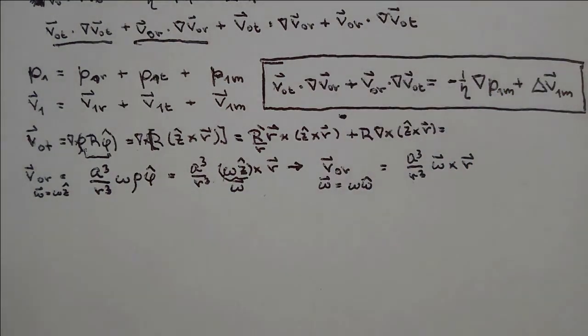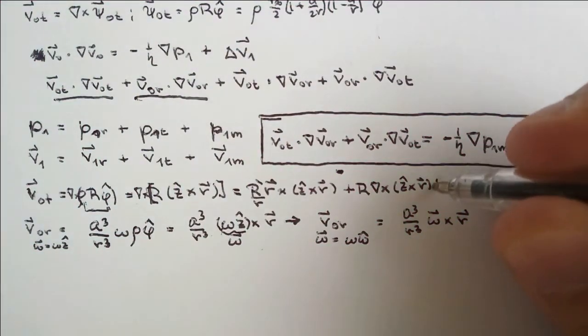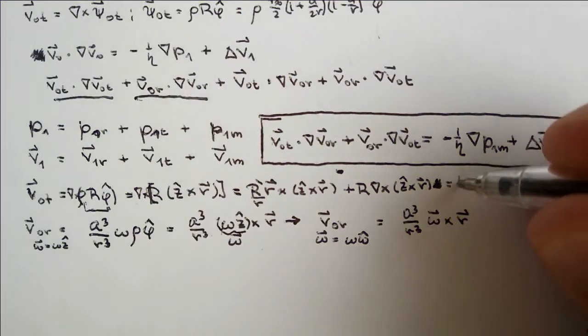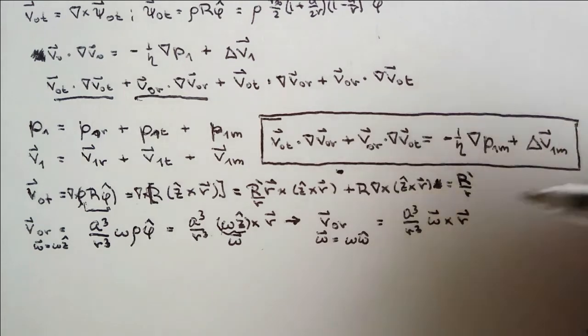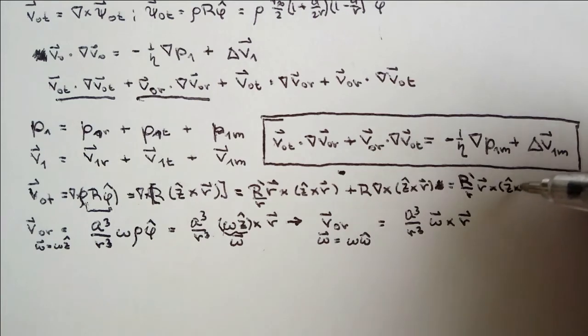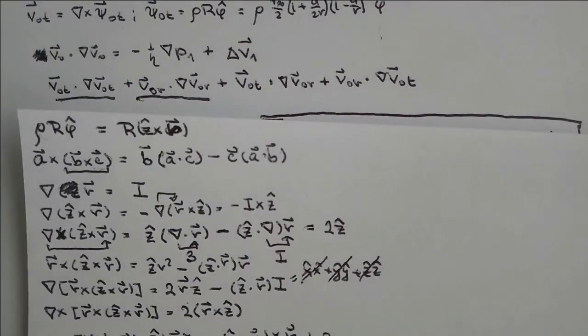Now it's time for our formulas. I can leave it in this form and not bother with computation. But this can be simplified. The first term I can leave in the form of curls, because we have formulas also for this, and there is plus 2 times z hat r. This is the second term.